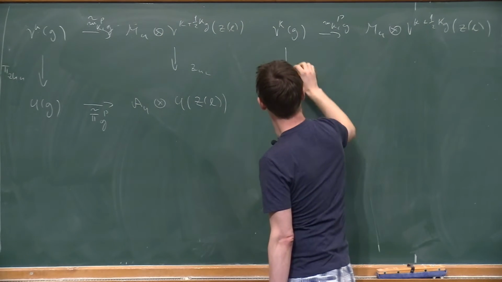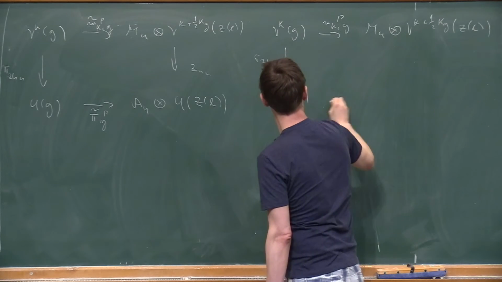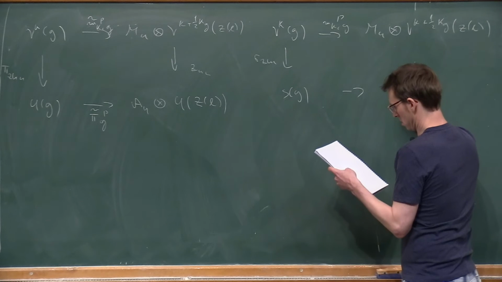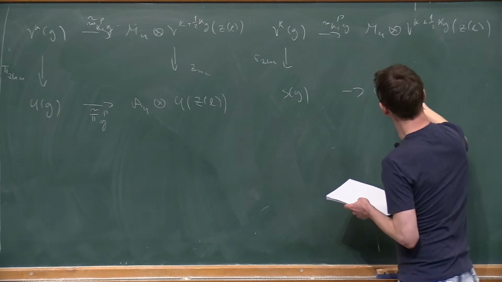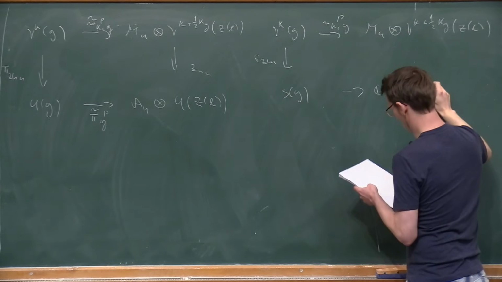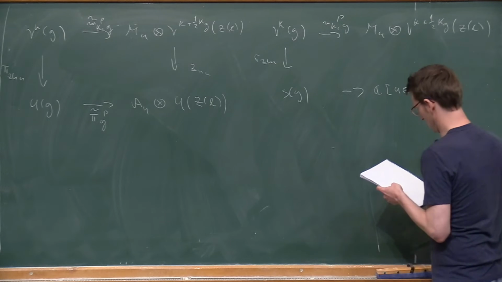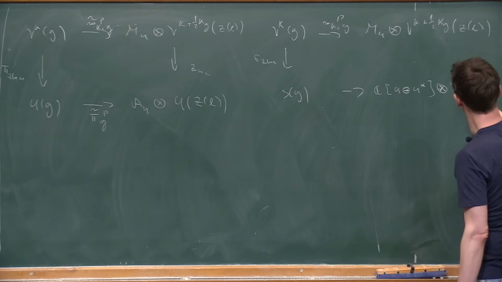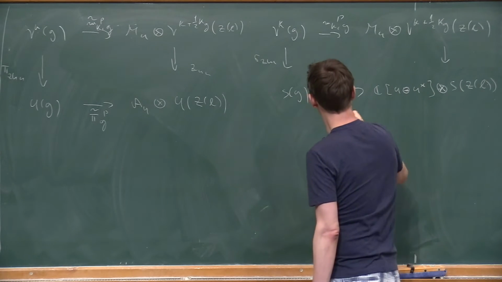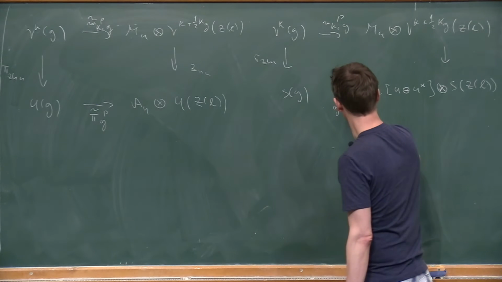For this other one it will be the symmetric algebra, and here you will get polynomials on U plus U star, times the symmetric algebra of the center, and in fact this mapping will be just the graded version of this mapping.